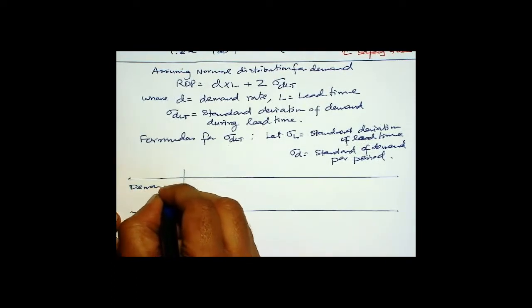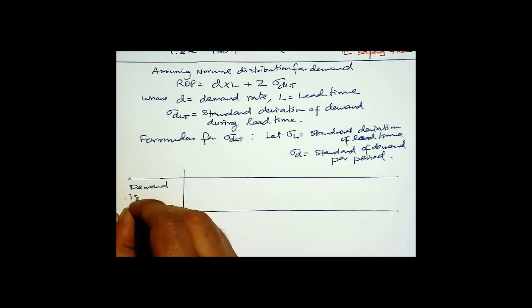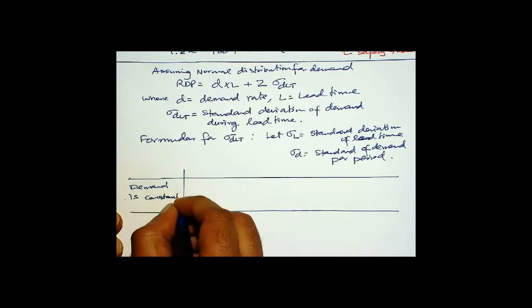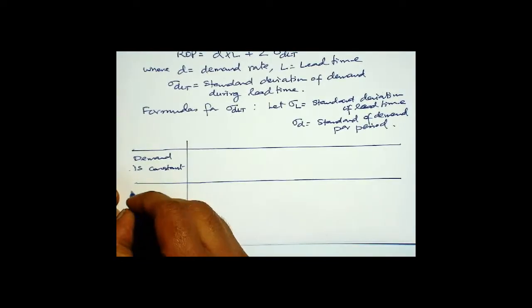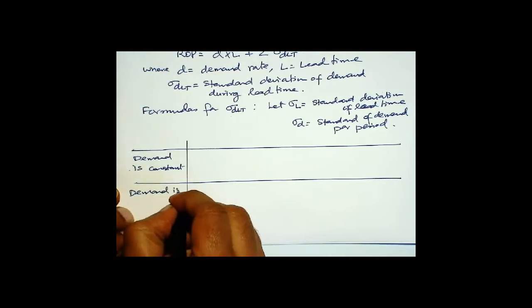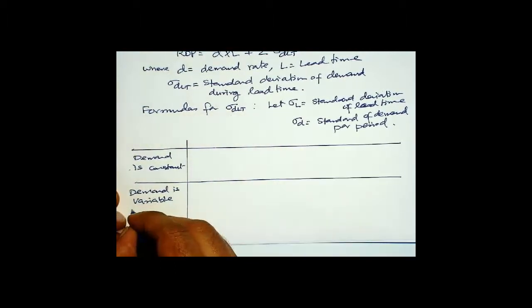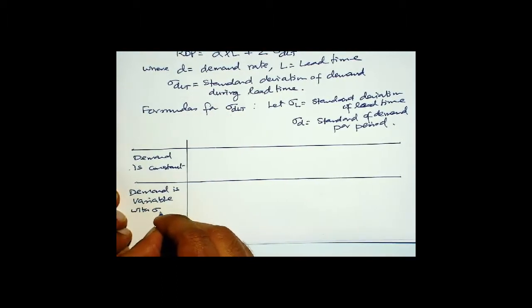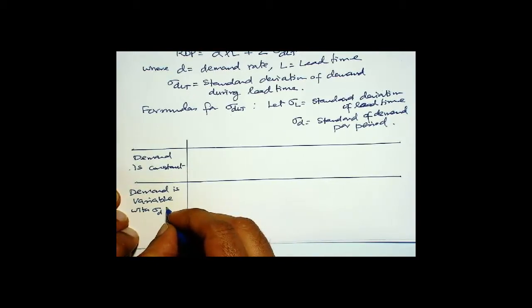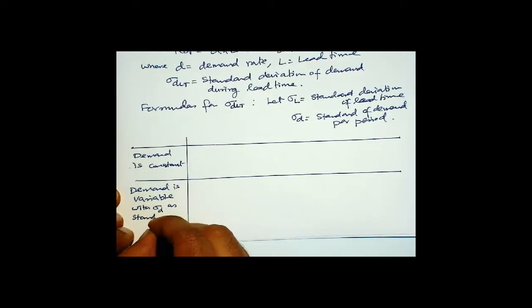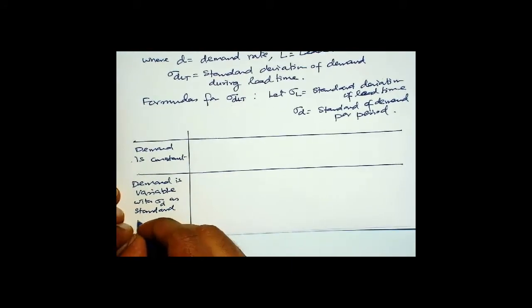So demand is constant, and demand is variable, okay, with sigma sub D as standard deviation of demand per period.